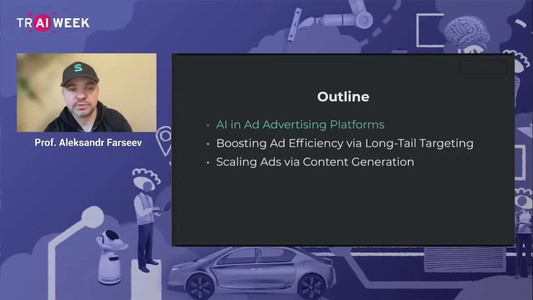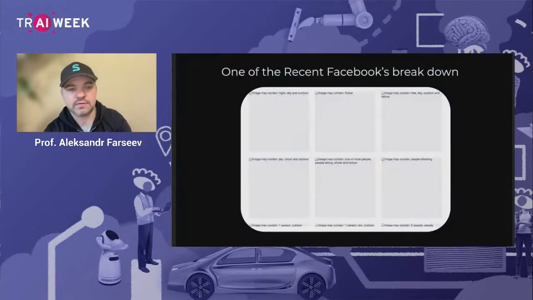So I'll be talking about these 3 points, and I will start from this screenshot showing the breakdown of Facebook. This is something that happened with Facebook a few years ago, but this is happening all the time. So instead of seeing the advertising platform, instead of seeing your favorite social network, you're going to see the screenshots, and these screenshots are talking about different objects that are meant to be on these images.